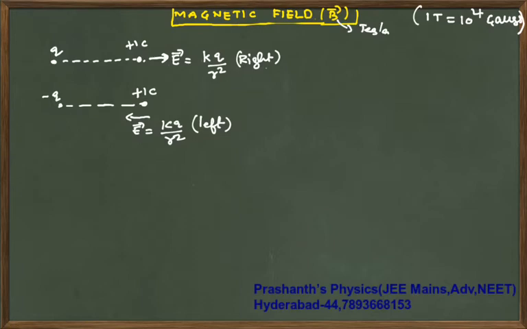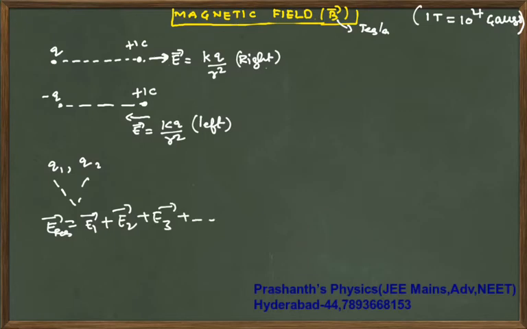Now, when more than one charge is present in the system, Q1, Q2, Q3, your resultant electric field is the vector sum E1 bar plus E2 bar plus E3 bar plus so on up to En bar. This is what you do in electrostatics. Now I told you your north pole is similar to positive charge.